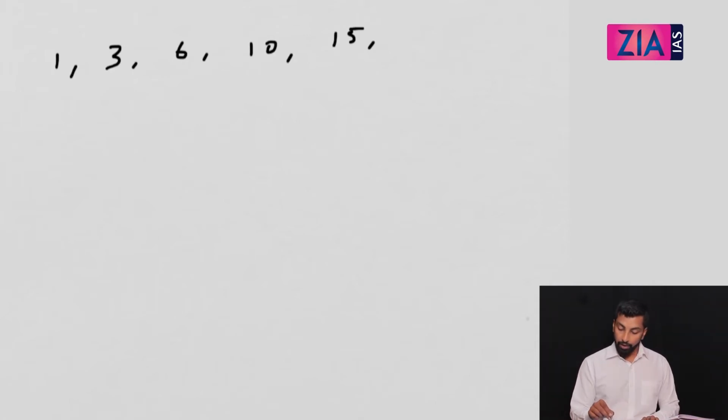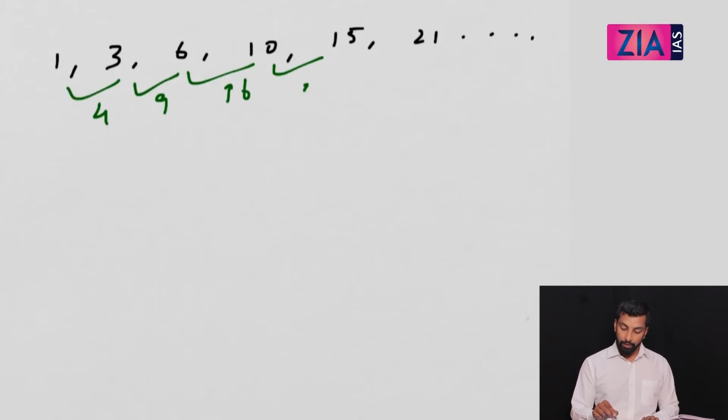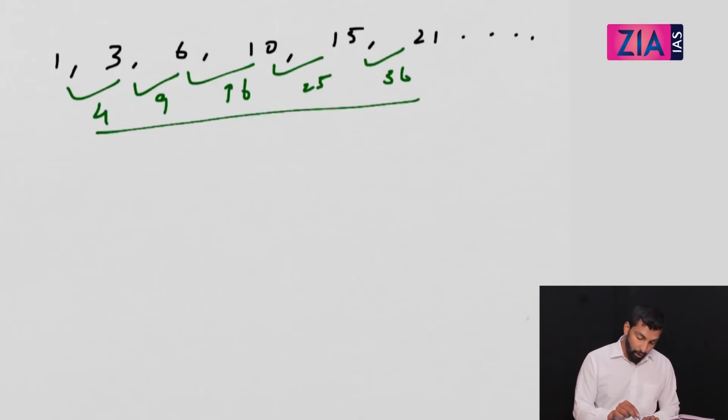These are the numbers: 1, 3, 6, 10, 15, 21, etc. Adding consecutive ones will give you square numbers: 4, 9, 16, 25, 36. For 4 you have already seen the representation: it's 3 plus 1.